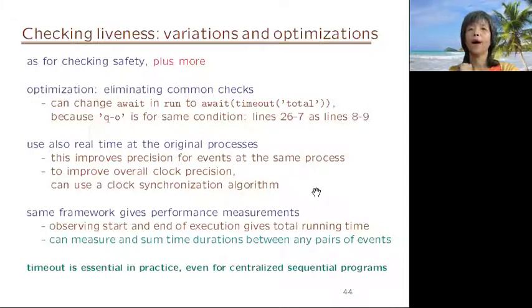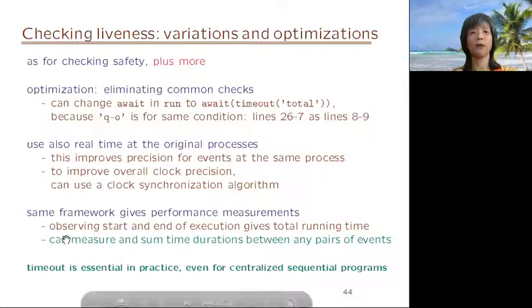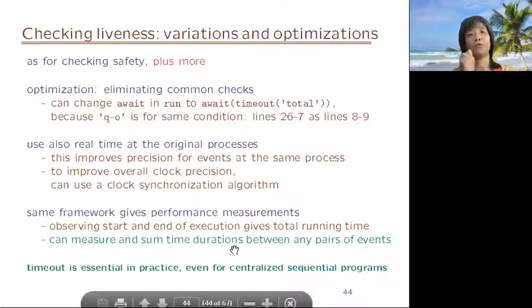One interesting thing to note about efficiency: the same framework can be used to measure performance, to do performance benchmarking. You simply observe the start and end of the entire execution, then you get a total execution time. You can actually measure and sum up the time durations between any pairs of events.